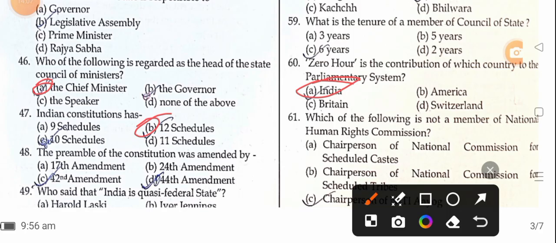The preamble of the constitution was amended by which amendment? The 42nd amendment. At that time the 10 fundamental duties had also been added in the 42nd amendment.